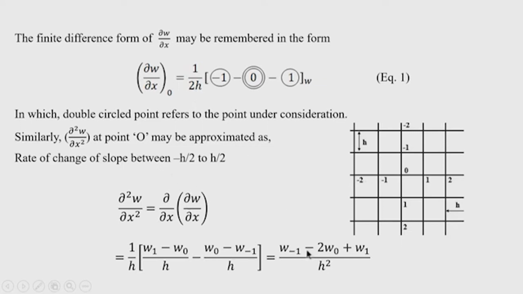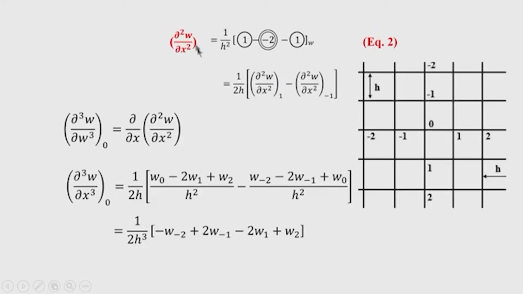If I place the node here, centering at O, the coefficient here is minus 2 and the other two values will be 1 and 1. So minus 2 is only the coefficient of the central point, that is the node, and towards right and towards left the coefficient is 1. In that fashion we can now express this. Now, you can see this is the stencil for curvature.